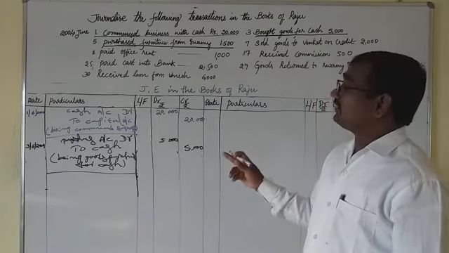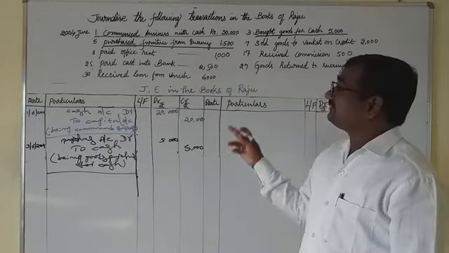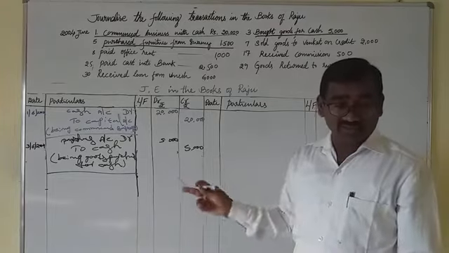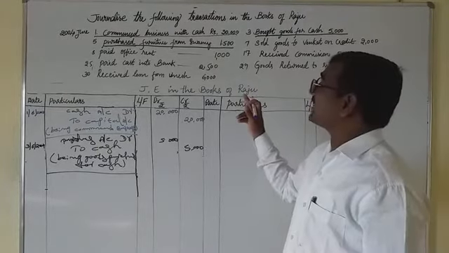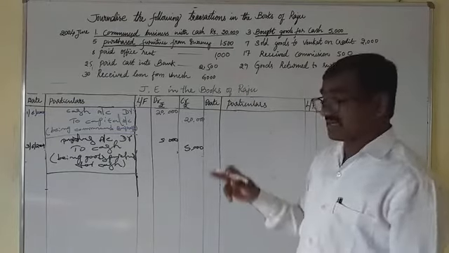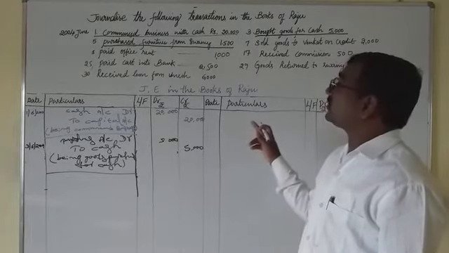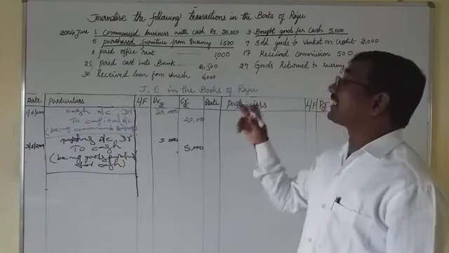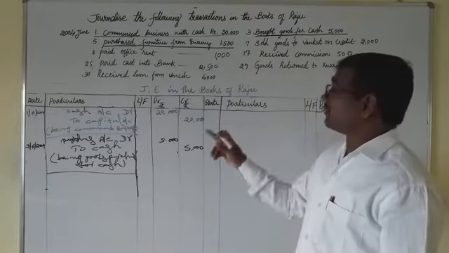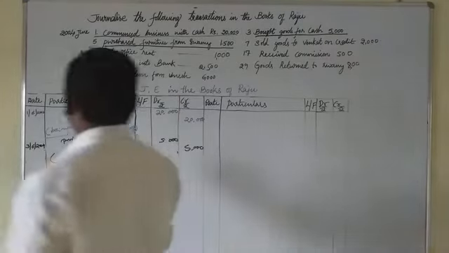If they do not give the asset name, we write purchase account debtor to Swami, because it is a credit transaction, not a cash transaction. That's why the Swami name is mentioned. But here they are giving an asset name, that's why we write the asset name itself in the journal entry.